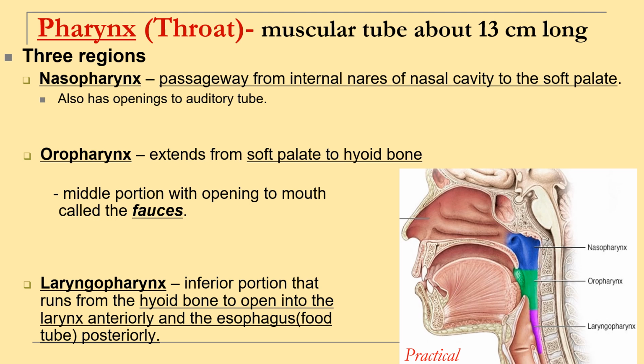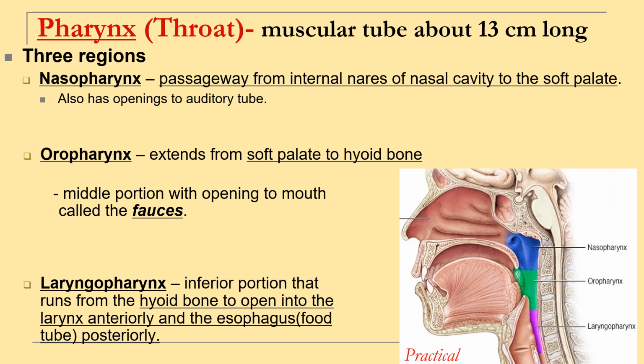If you look at our picture here, we've got our nasal cavity with the concha, the shelf-like partition sticking out. Behind that, before it turns blue, that little region where it narrows, those are my internal nares. So it's going to run from my internal nares to my soft palate. That's what we want to know about the nasopharynx. And we also want to know that it has openings to the auditory tube, which we can also see in that blue area up there.